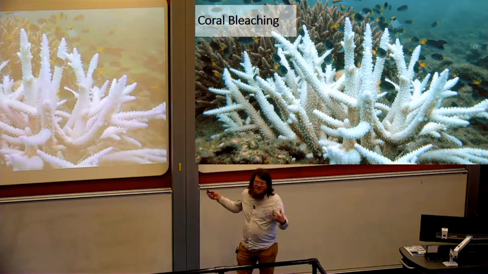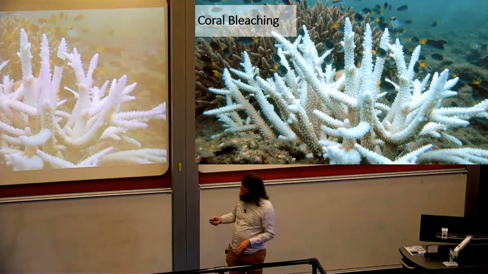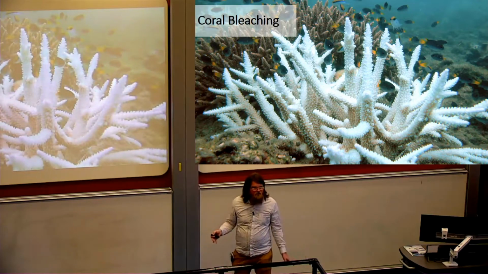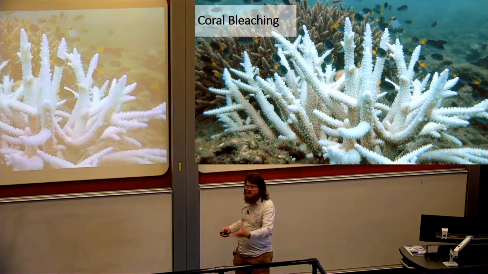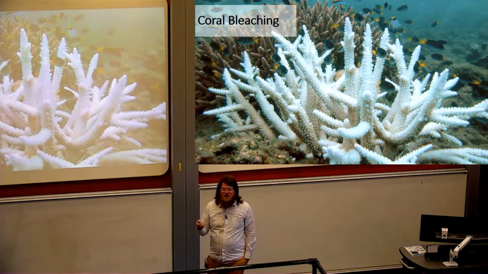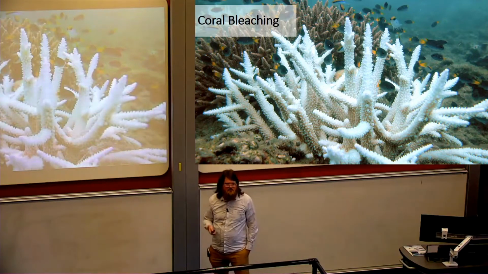So the coral is effectively thought of as naked. It's not dead. This is a coral that has bleached. It's still alive. It's able to filter feed particles from the water column, but it's in a much more stressed state because it can't get as much energy as it could if it had these symbiotic algae living with it.